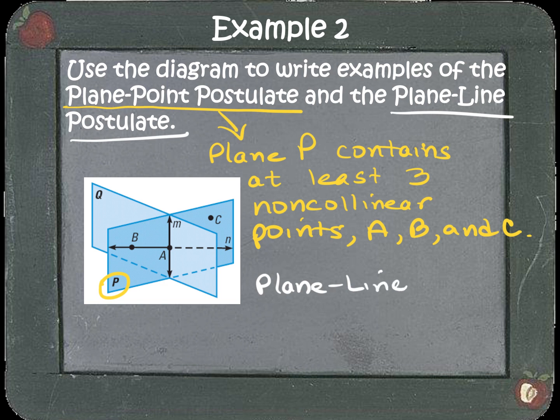the plane line postulate states if 2 points are in a plane, then the line that contains them is in that plane. So now I'm going to make a statement based on the diagram.